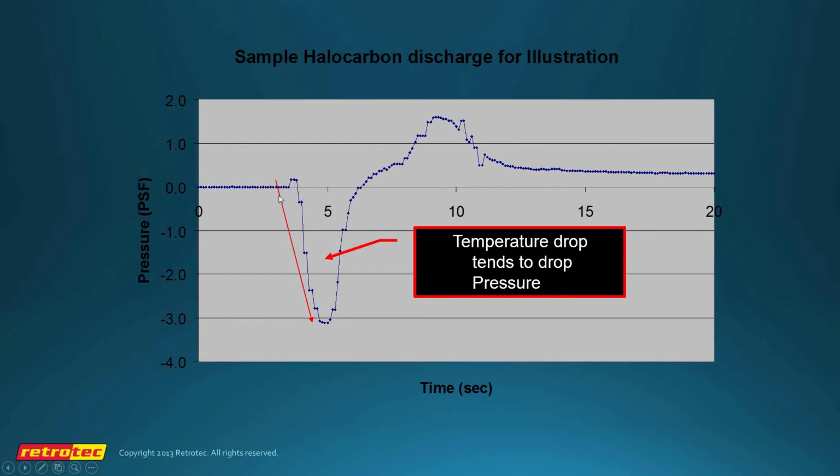So we're just reiterating the same point. This is the characteristic curve of Novec, a very deep, short negative pressure spike followed by a positive, which is usually about half the size of the negative spike.